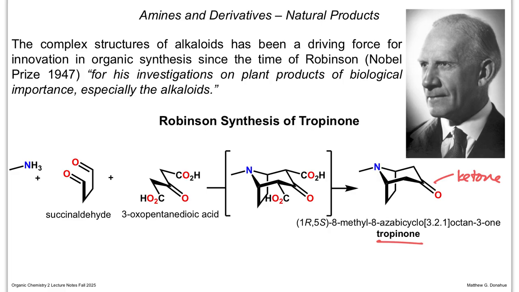And even though this looks kind of complex in a way, the way that he did it was to break it down basically into methylamine, this 4-carbon dialdehyde, and then this diacid, which has a ketone in the central carbon.